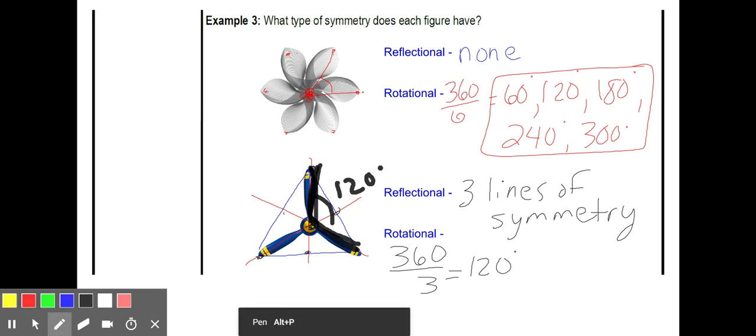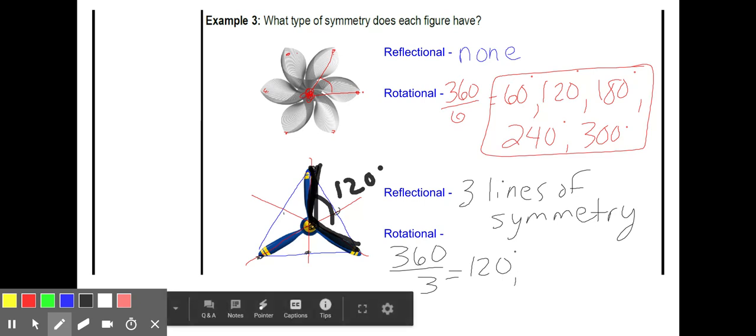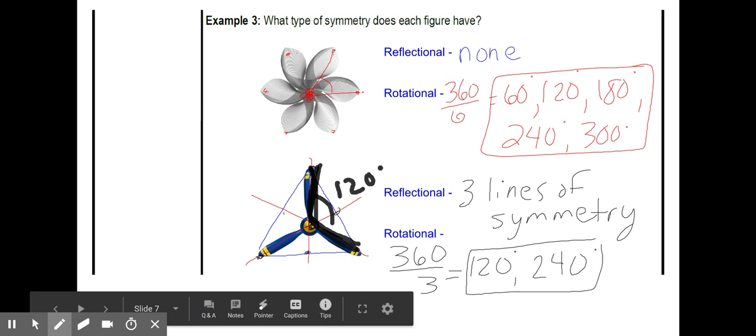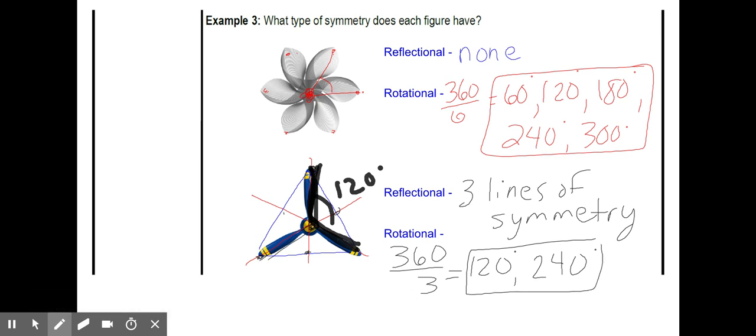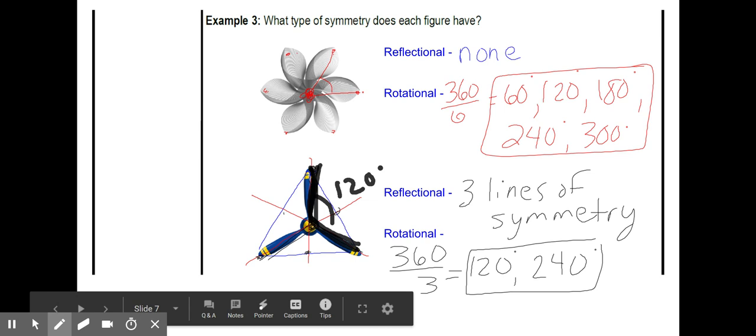But that's not the only one. If we add another 120, we get 240 degrees. So there are 1, 2, 3 possible rotations that we could make to have the figure map or be placed upon itself.